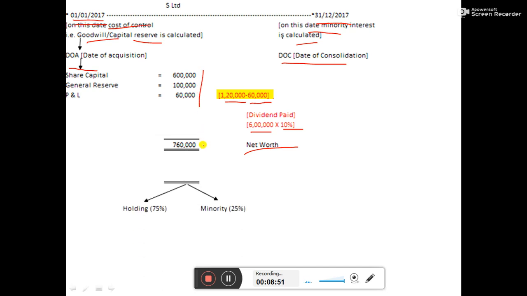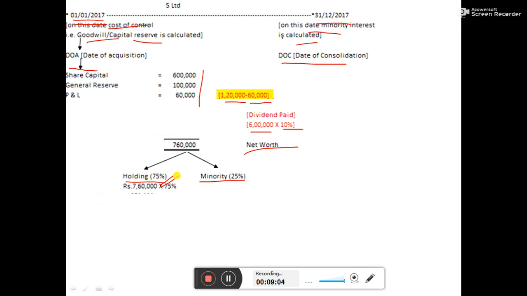Out of the 7,60,000, holding will get 75% and minority is 25%. While calculating cost of control, we are only bothered about holding company share. So 7,60,000 into 75%, the value of S Limited as on 1st January 2017 is 5,70,000.